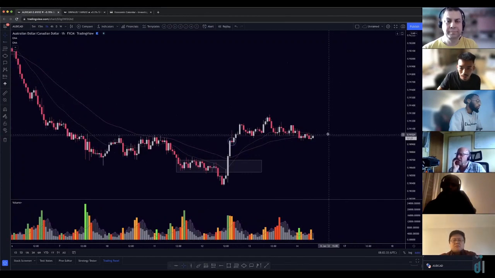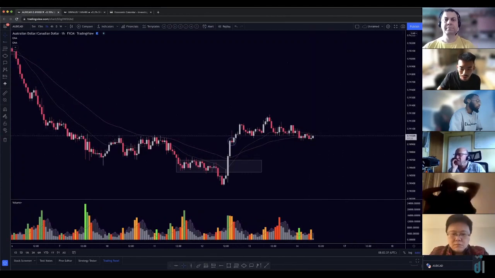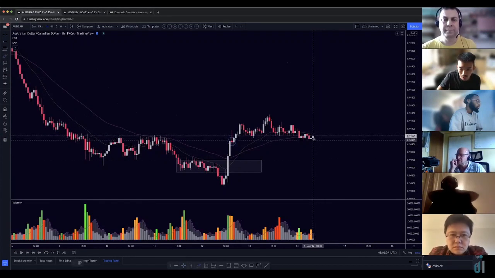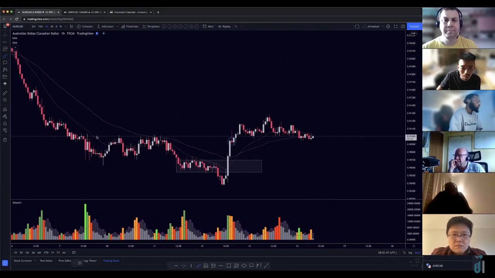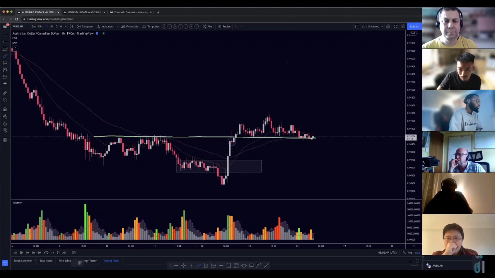Aussie CAD, like we were saying just now, we can't really sell it right here because we are right at where support is. Right? Price can still push up. So it might cross down before giving us a clear retest. So in this case, I wouldn't do anything too much on this pair.